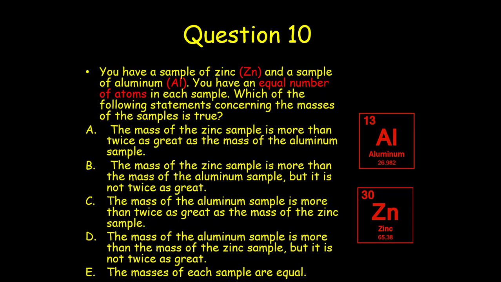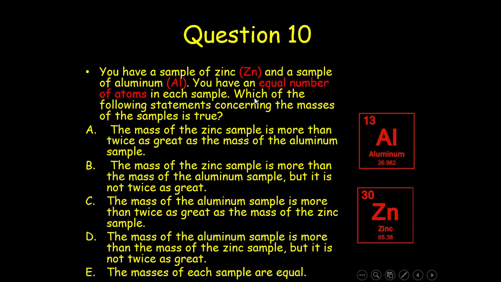B, the mass of the zinc sample is more than the mass of the aluminum sample, but it's not twice as great. C, the mass of the aluminum sample is more than twice as great as the mass of the zinc sample. D, the mass of the aluminum sample is more than the mass of the zinc sample, but it's not twice as great. E, the masses of each sample are equal.